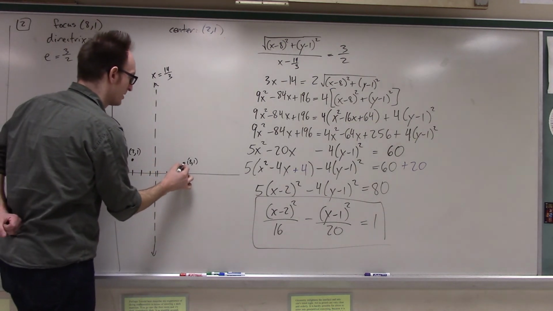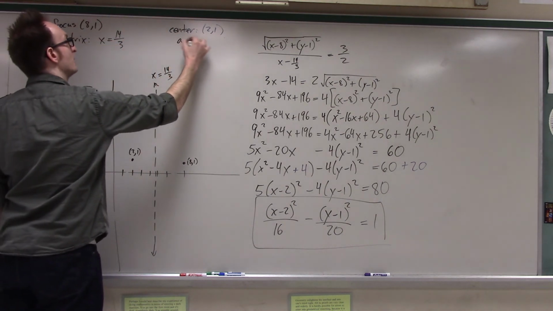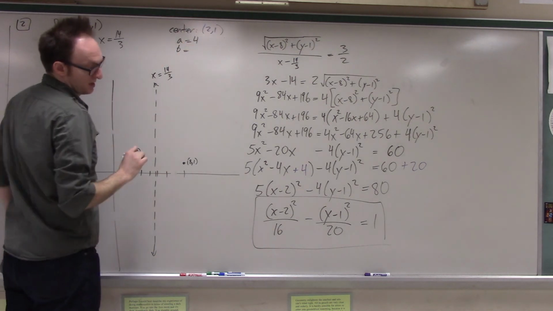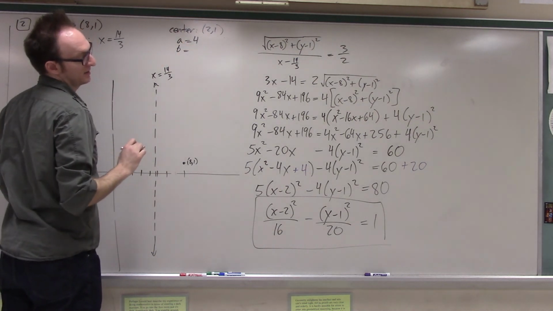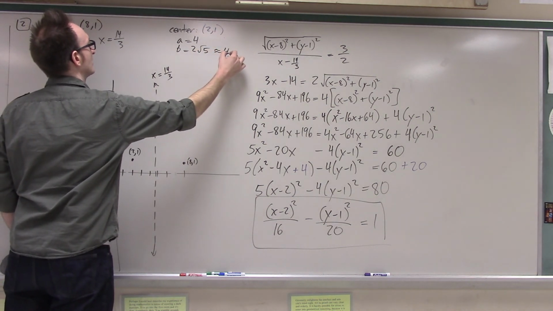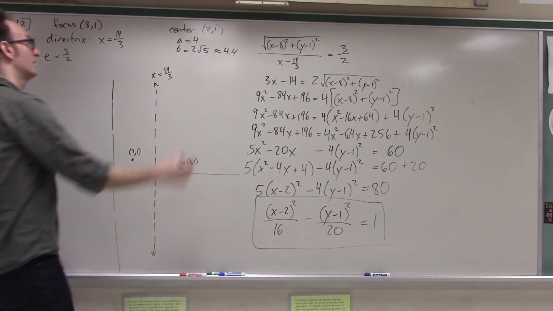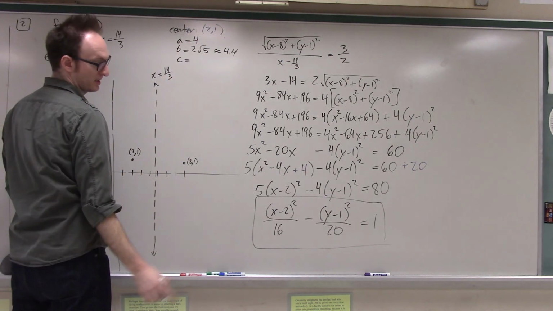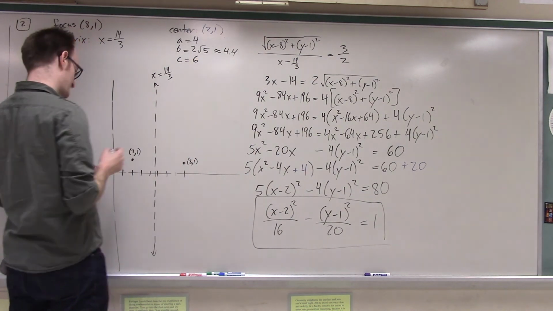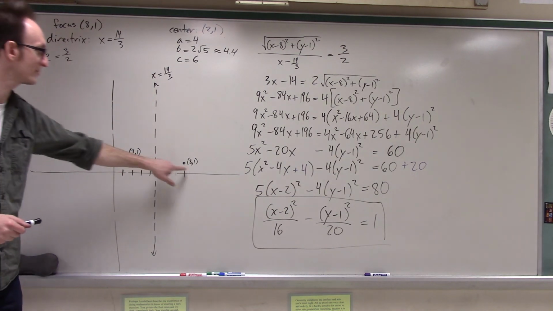I know that x is being stretched out by a factor of 4, so a is 4, and b is root 20, so 2 root 5, which is about 4 point something. And c is 6, because a squared plus b squared equals c squared in a hyperbola. Well, that checks out, because indeed this focus is 6 away from the center, so it's all looking good.